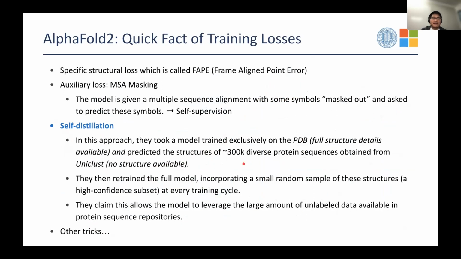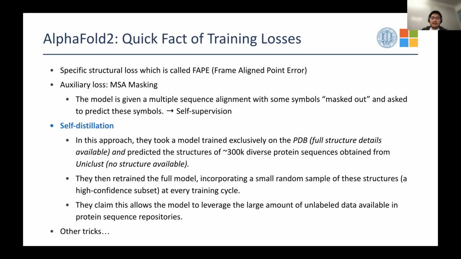They first train a model only on the PDB, which has all the correct structure information, and then predict the rest of the protein sequences. You can also get the confidence of the protein prediction and select a high-confidence subset of predictions to be incorporated into the next retraining process.